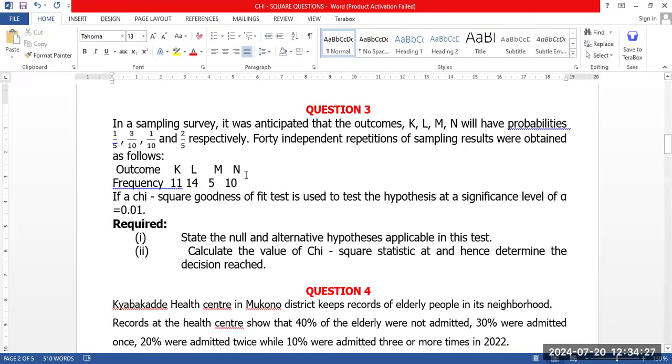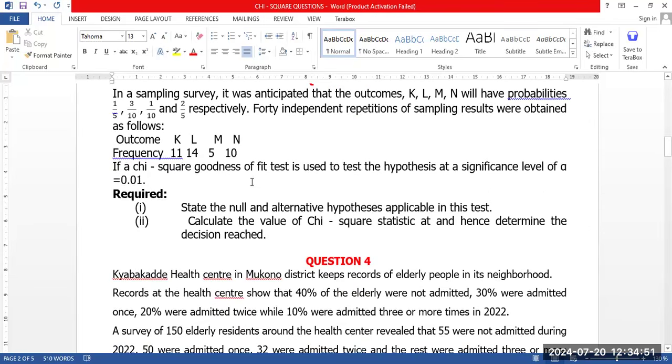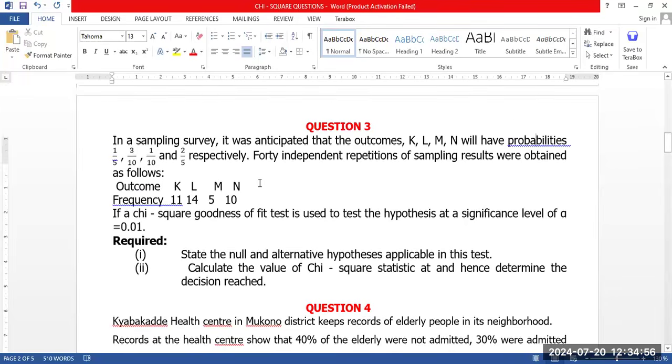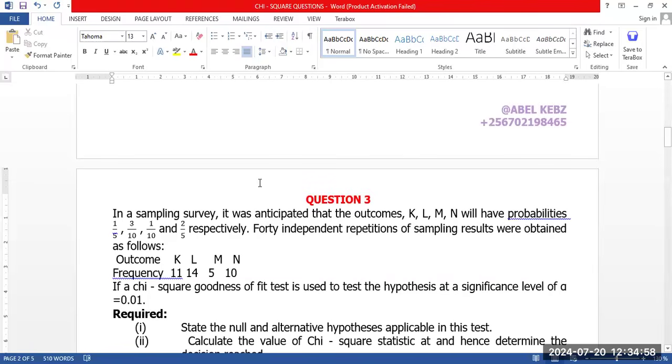So colleagues, in such kinds of questions, when it comes to stating the null hypothesis and alternative hypothesis, if you're dealing with a question with probabilities, because like the first two questions, we had no probabilities anywhere.